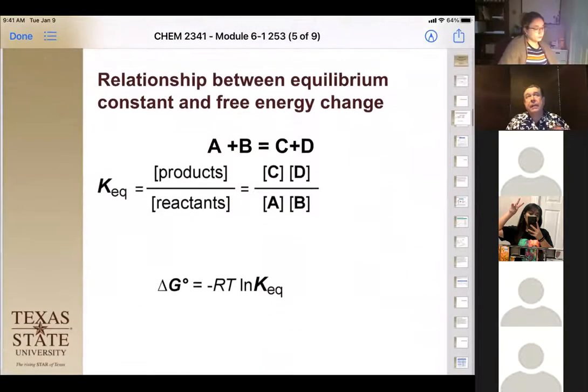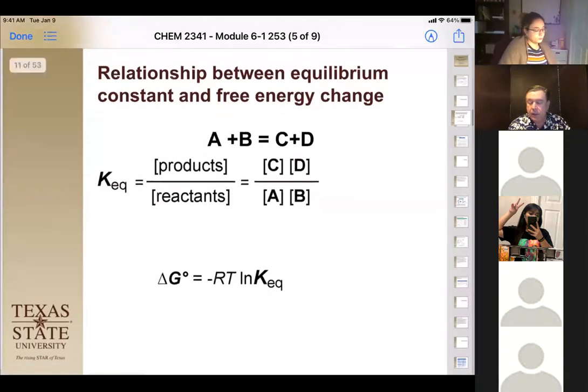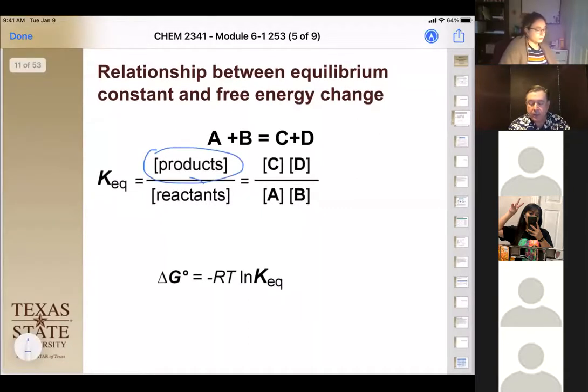In any reaction, you can write an equilibrium constant for it. There tends to be some kind of equilibrium. Sometimes the equilibrium is so small it's negligible and you don't even see the other products, but technically all reactions can be forced to be reversible if there's a driving force. When we talk about that equilibrium constant, we measure the concentration of the products and divide that by the concentration of the reactants, because in theory you're driving the reaction to products.